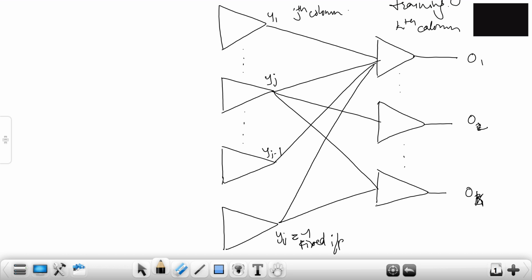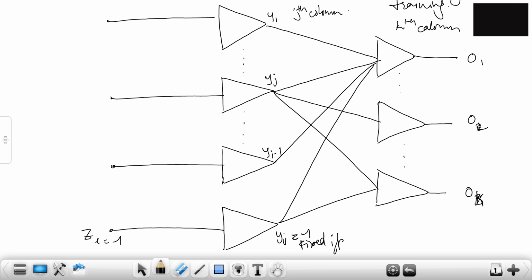Now I'm going to draw the inputs. ZL equal to minus 1. This is the bias I talked about. This is minus 1, minus 1. So let's call this an intermediate term ZL. This will be ZL minus 1.